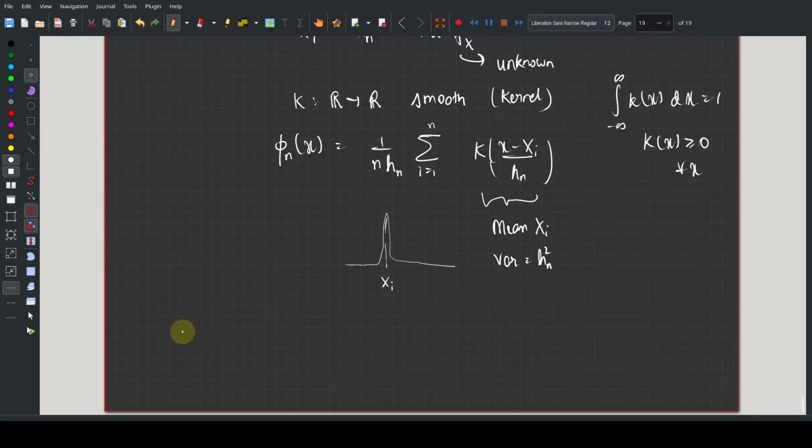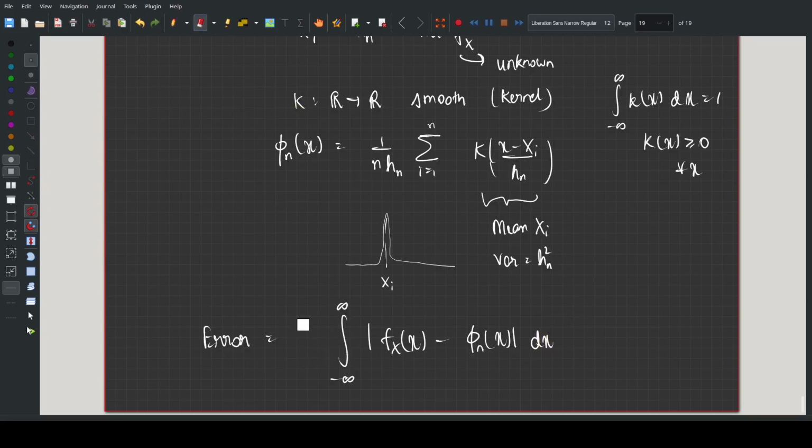One way of measuring the performance of the estimator is using the L1 distance. So the error could be measured in the following manner. It is the expectation of the integral from minus infinity to plus infinity of the absolute value of fx of x minus Pn of x dx.